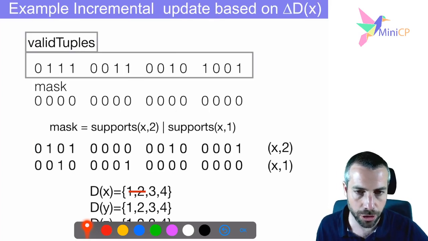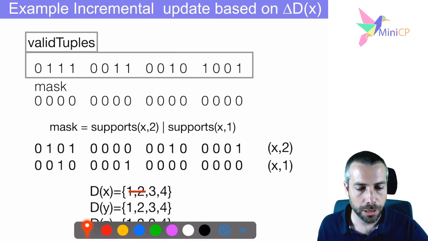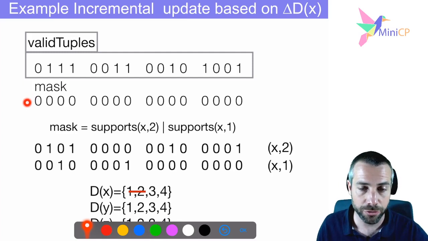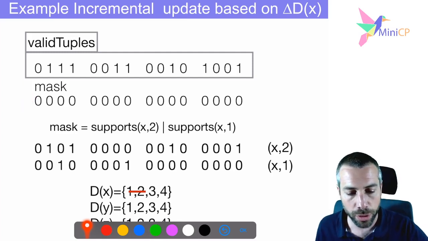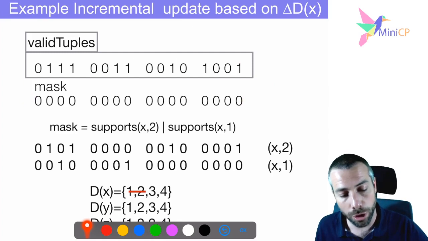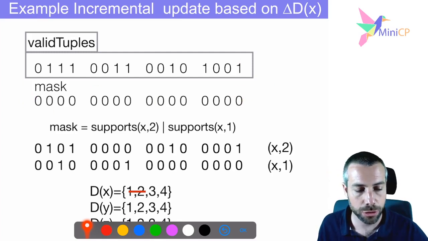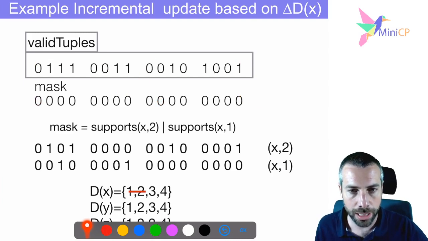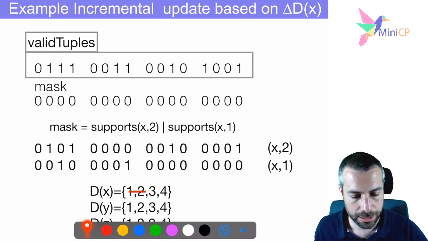But first, let's consider an example to show how we compute based on the delta of X. I will use for that a temporary mask to ease the computation. This mask is a kind of temporary bit set that I will use afterward to do the complement and the logical AND with the set of valid tuples. So these are the valid tuples so far, and the values 1 and 2 have been removed from the variable X. First I will compute in the mask the support of X2 and take the union with the support of X1, and I will store that in the mask.